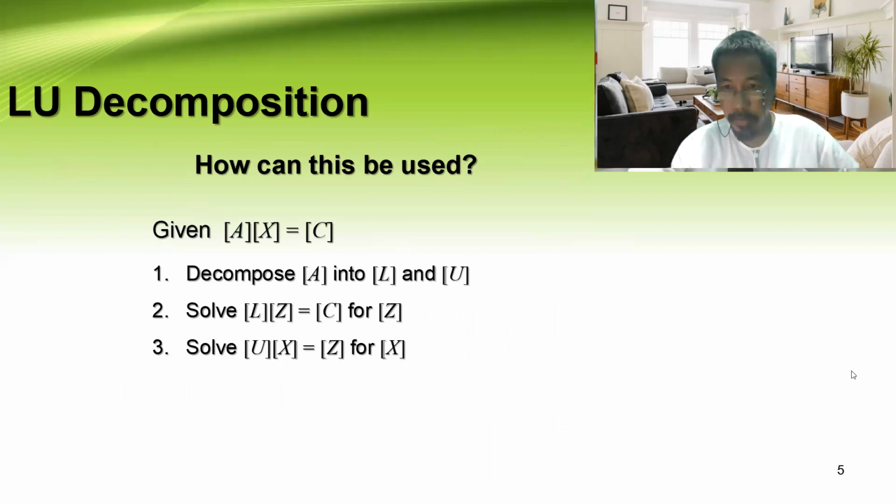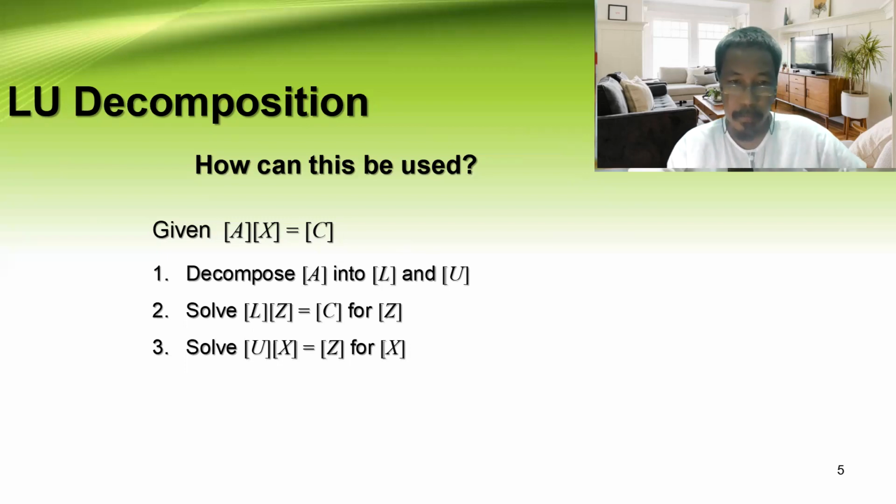How can this be used? What is the purpose of this? Given the format of the simultaneous linear equations, which is square matrix A times variable vector X equal to constant vector C, step 1: decompose square matrix A into two, the lower triangular matrix and the upper triangular matrix.